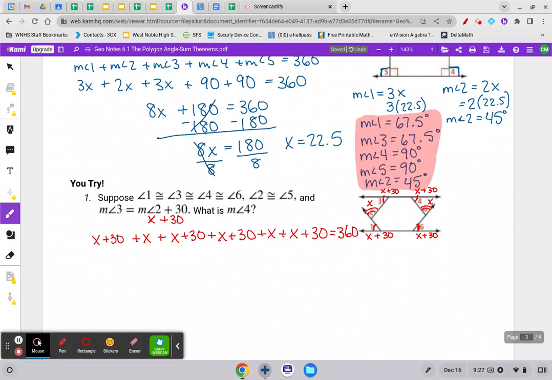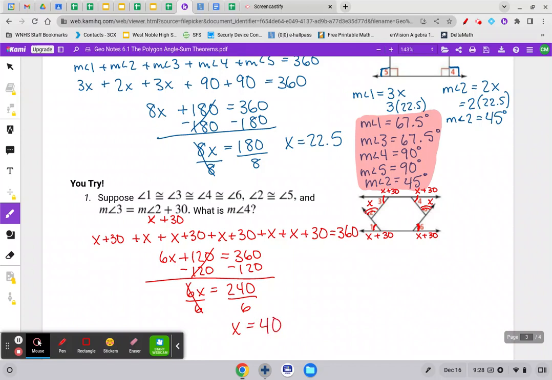Make sure to include every single angle. So combine like terms, we get 6x plus 120 has to equal 360. So 6x equals 240, which means that x is equal to 40.